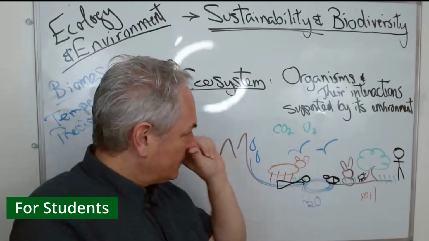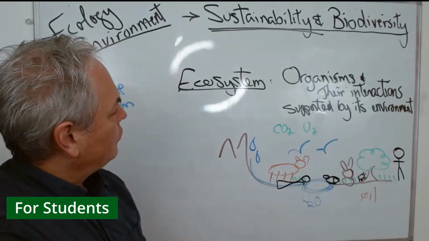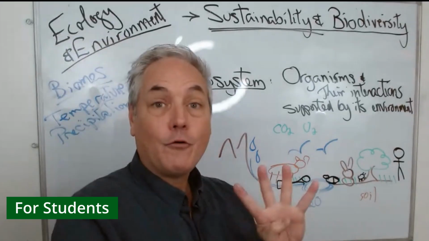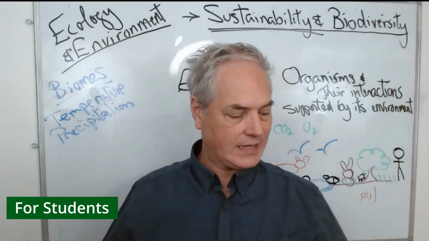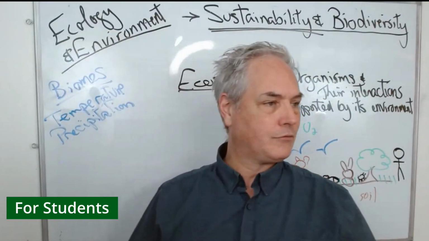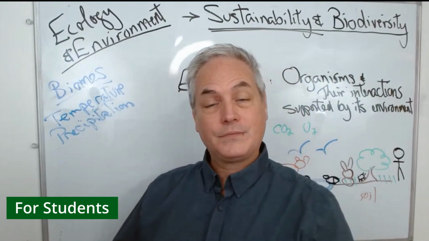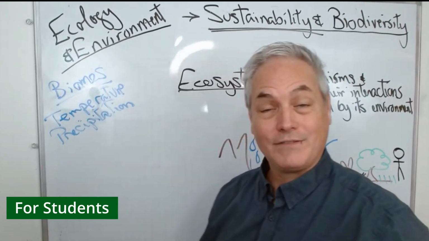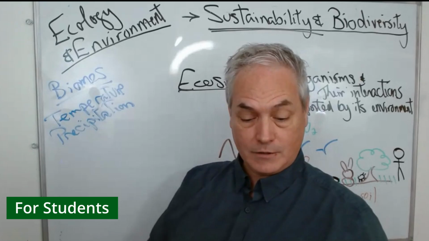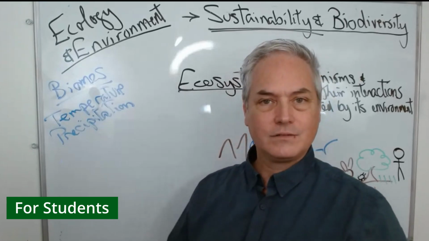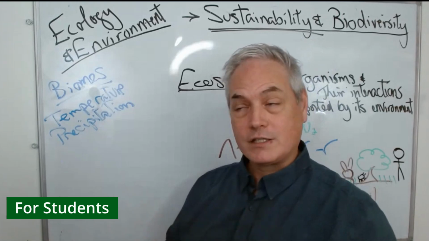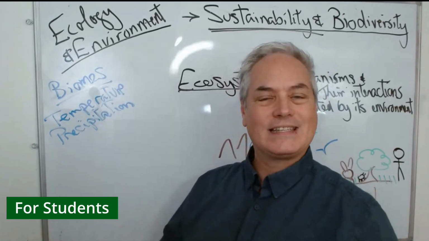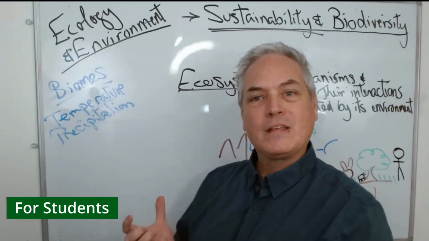Let's see what the first topic we're going to look into will be. Let's look at the 4 spheres supporting ecosystems. The first sphere that we need to consider when we have the environment is what we call the lithosphere. The lithosphere is everything like the rocks, the mountains, the bedrock, the Earth's crust, the clay, the sand, everything supporting the environment.